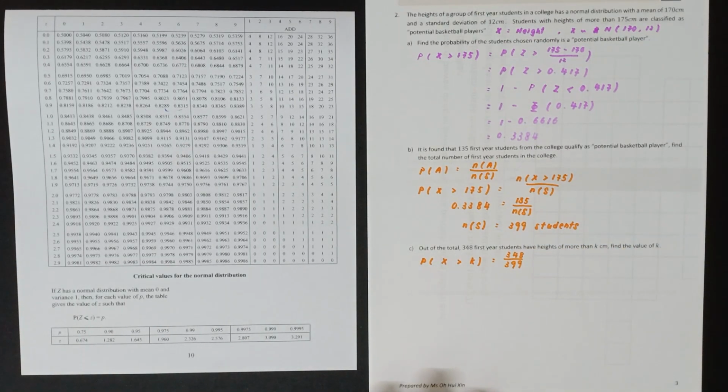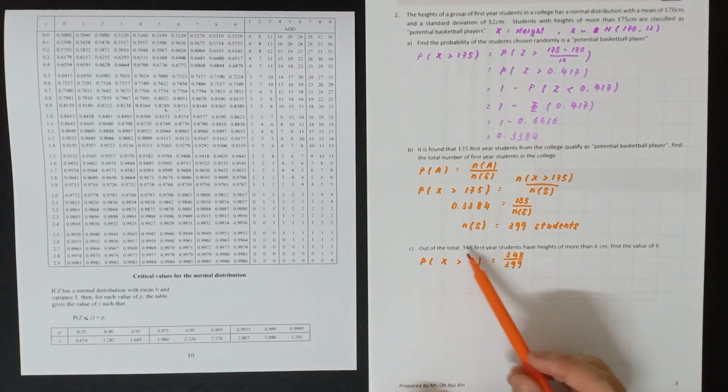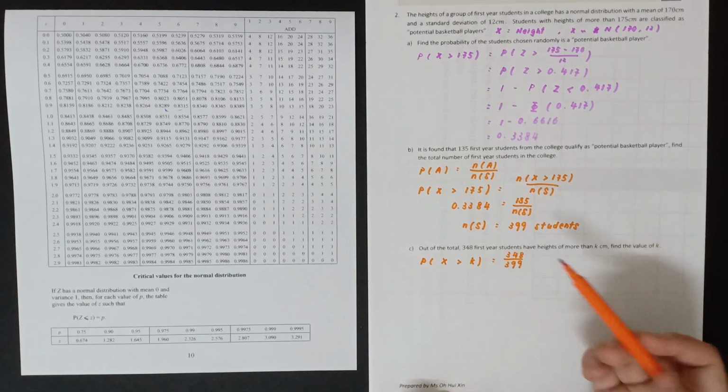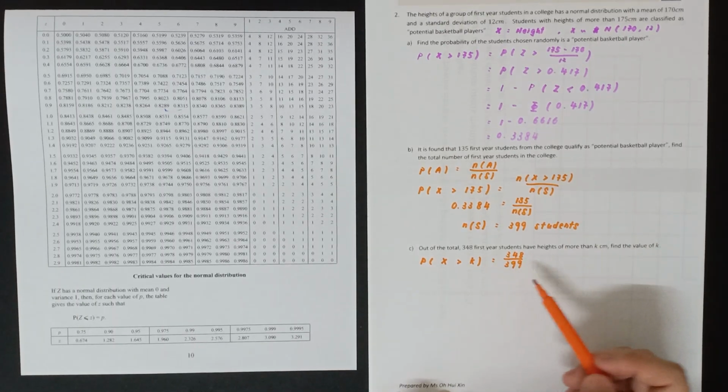Is that okay? Like if we say that out of 40 students, 20 first year students have height more than k cm, then you know that the probability is 20 over 40. It's the same thing. So if I say that out of the total, 348 have a height of more than k cm, meaning the probability is 348 divided by 399.